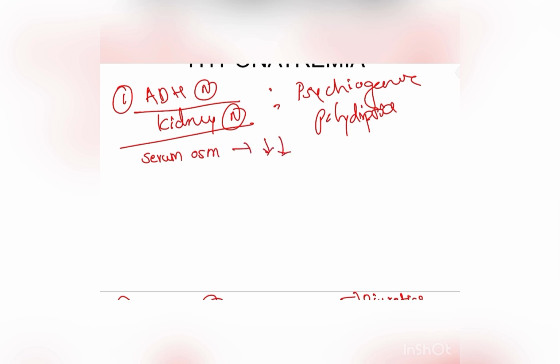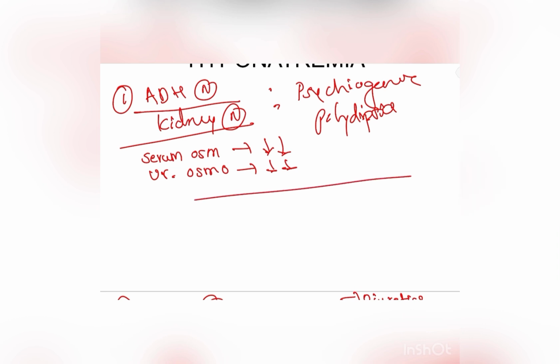The other thing is that because the patient is consuming a lot of water, the blood reaching the kidney is also a lot, so the urine output produced is a lot. When the urine has a lot of water in it, the osmolality of urine reduces. So urinary osmolality will also reduce.